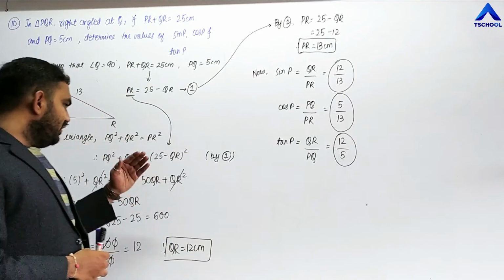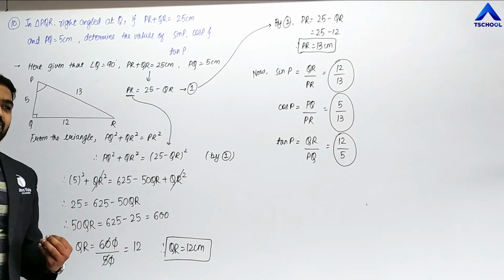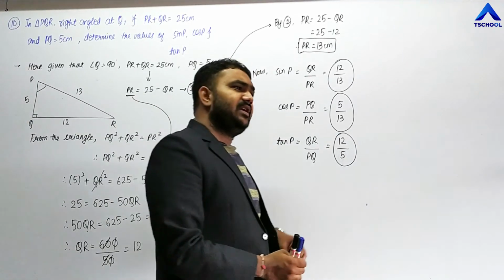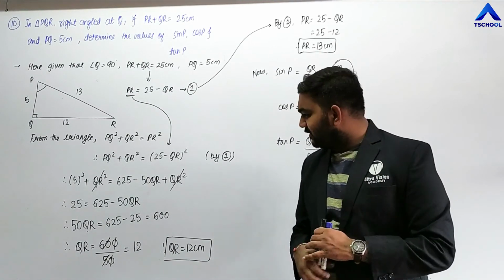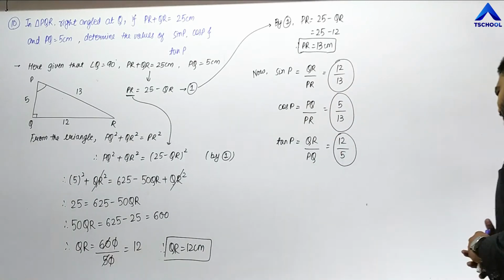Is it clear? So if you don't know the identity, make sure that you write it 50 times, 100 times a day and just make yourself comfortable with the identities. So that is our required question.